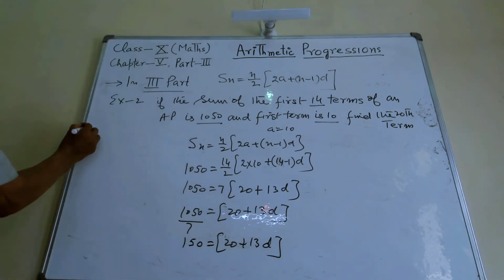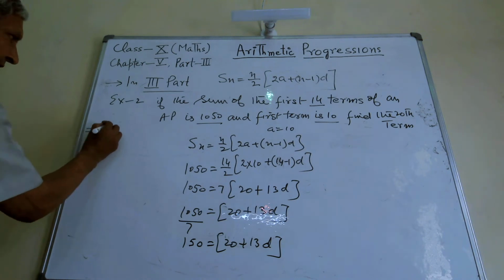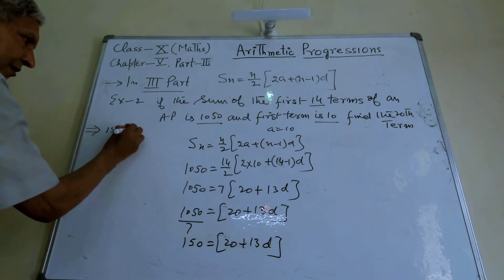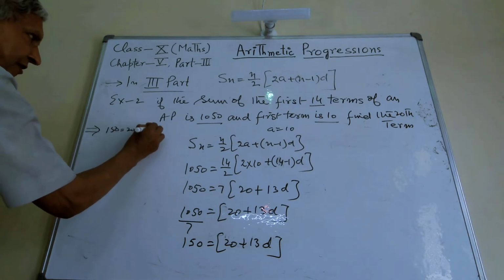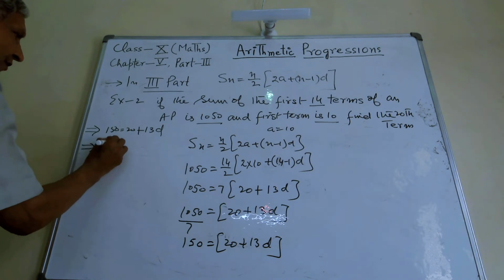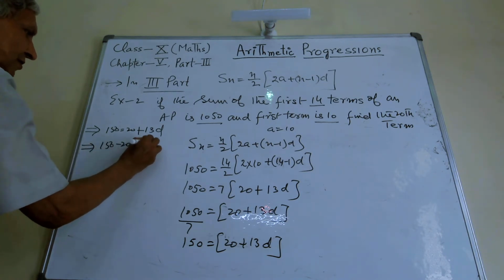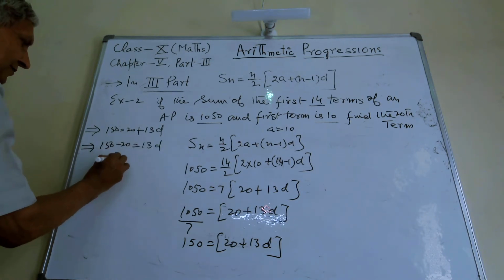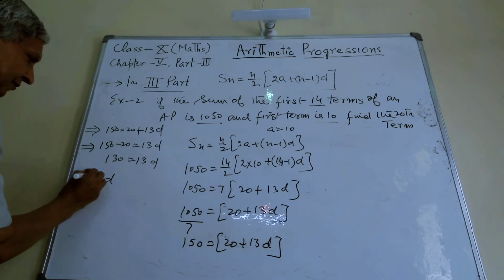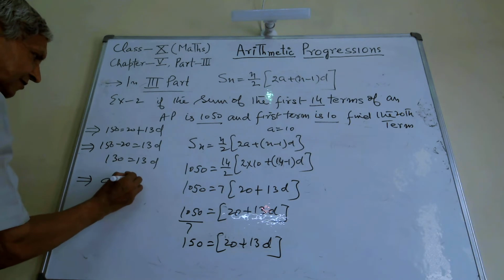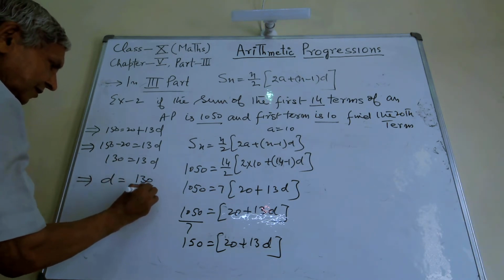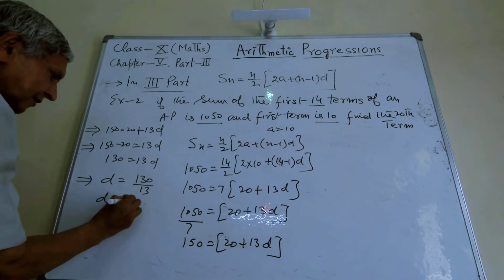Now this implies 150 is equal to 20 plus 13d. This implies 150 minus 20 is equal to 13d. 130 is equal to 13d, so d is equal to 130 upon 13, and d is equal to 10.